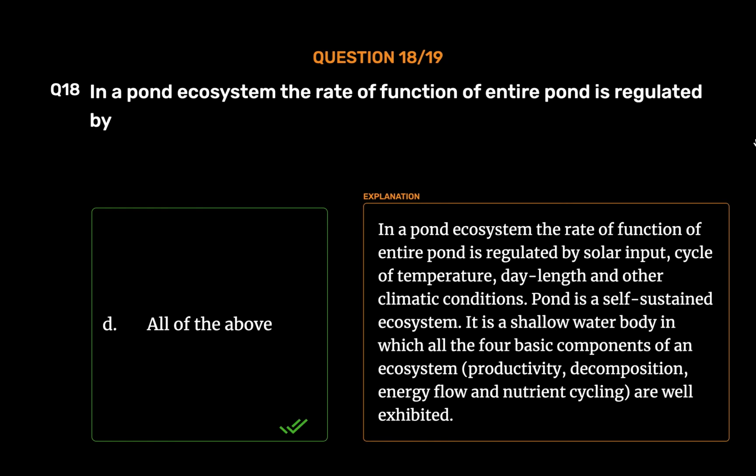In a pond ecosystem, the rate of function of entire pond is regulated by solar input, cycle of temperature, day length and other climatic conditions. Pond is a self-sustained ecosystem. It is a shallow water body in which all the four basic components of an ecosystem, productivity, decomposition, energy flow and nutrient cycling, are well exhibited.